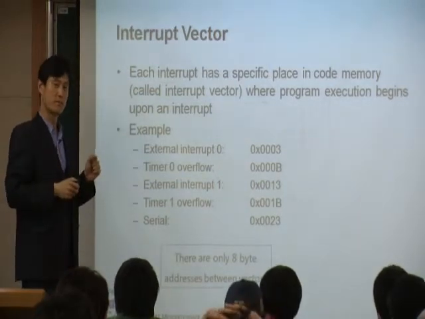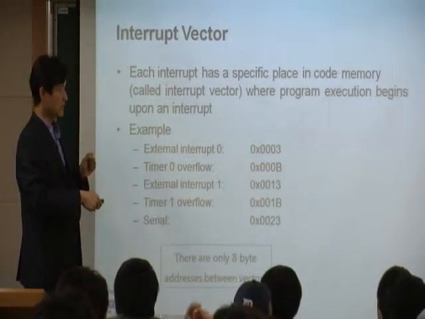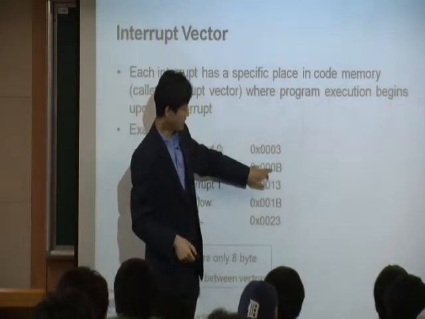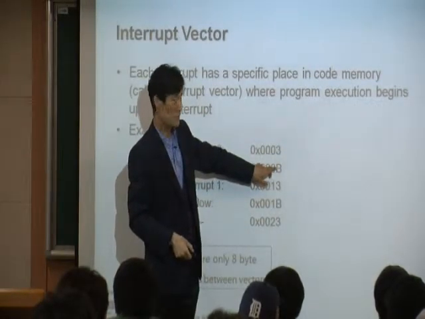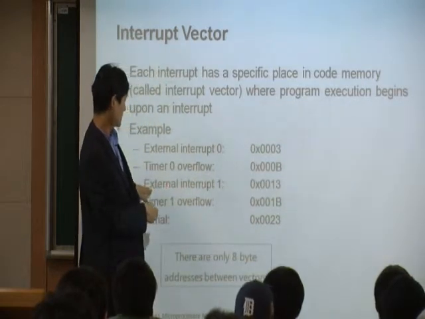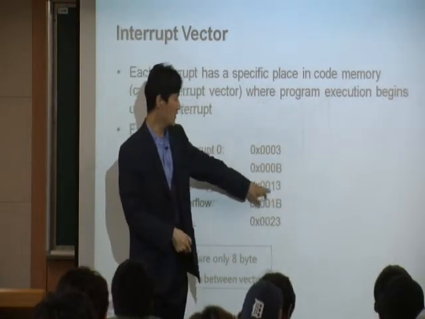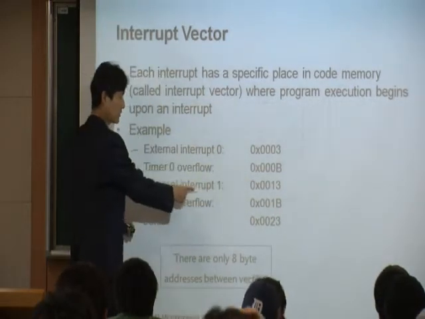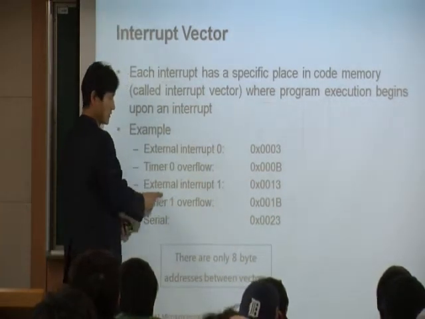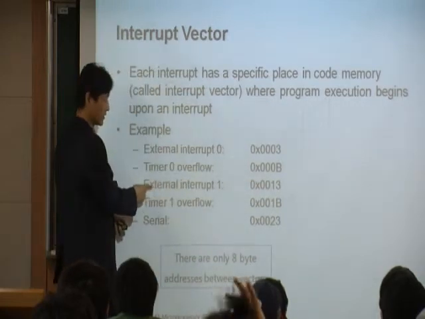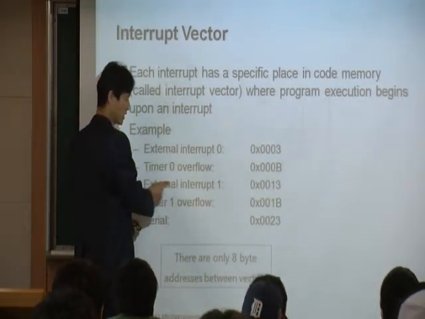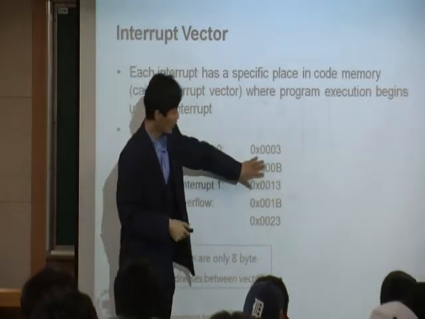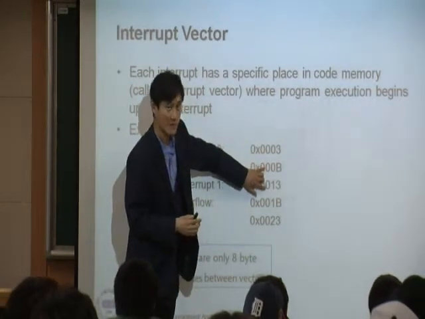Now we have a problem. Look at this address, 000B, and we know that this particular address, 0013, is also reserved for the interrupt vector of another interrupt source, external interrupt 1. So we don't have enough space between these two.